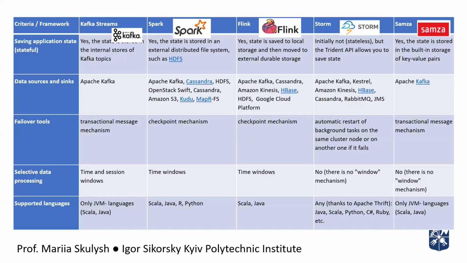And why do I talk about this? Because I want you to understand that these big data systems, from one side, have differences. They work on solving different tasks from one side.